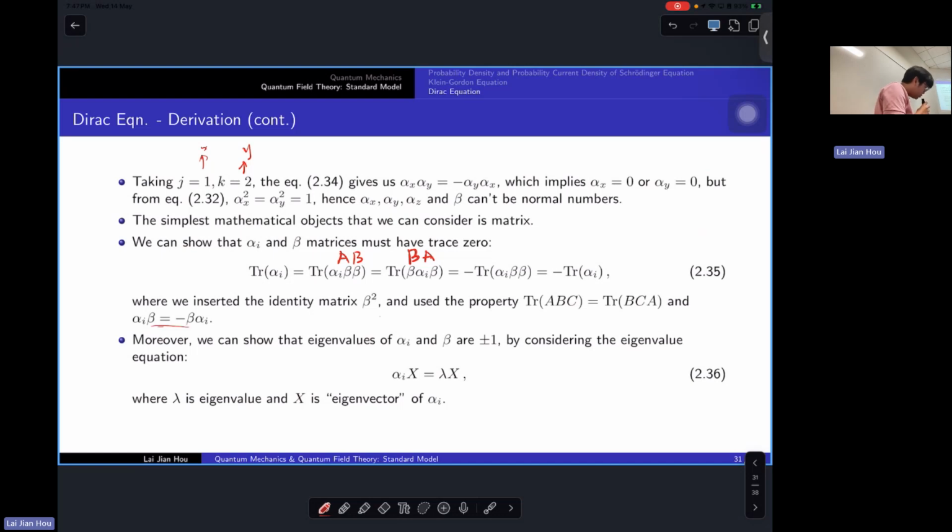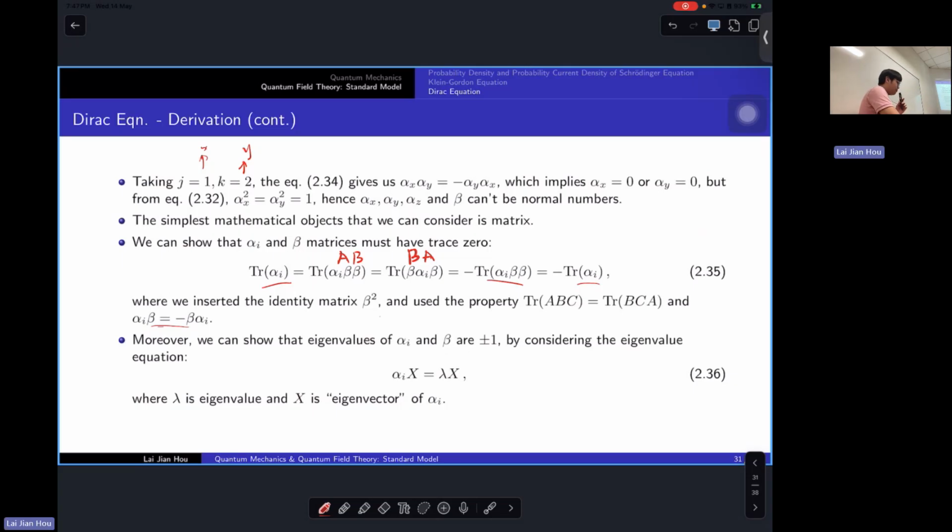We substitute this into the equation, the trace of it, so it's the negative of the trace, and beta squared is equal to 1. So we found that the trace of alpha i is equal to 0. So it's a traceless matrix.